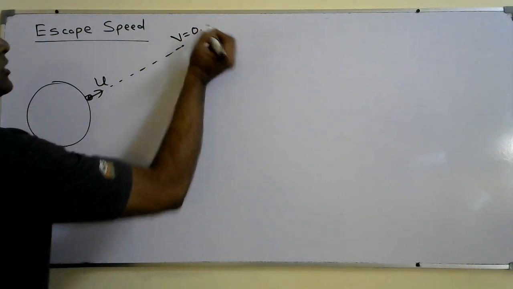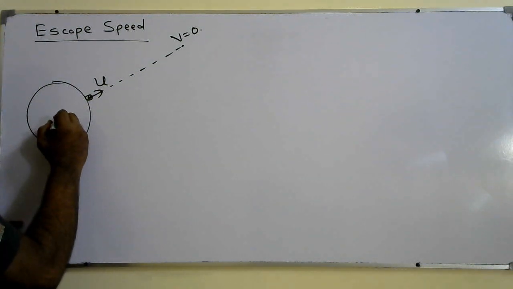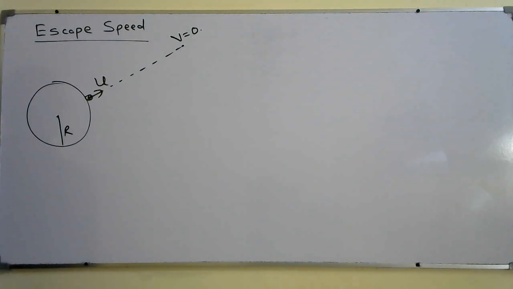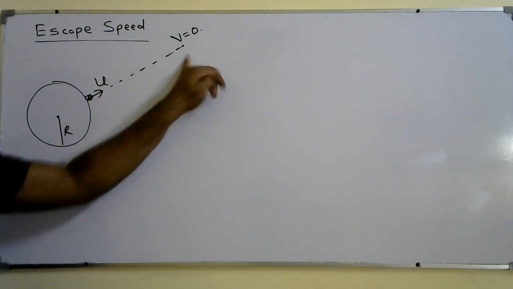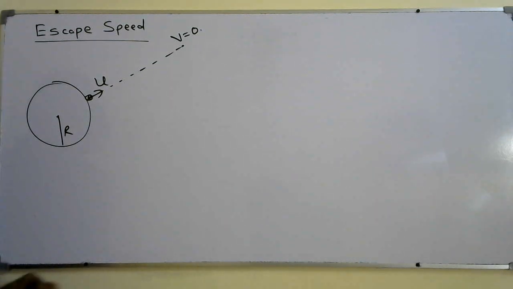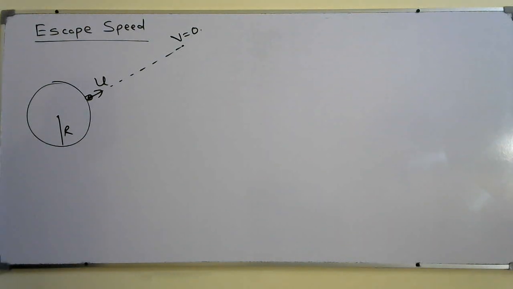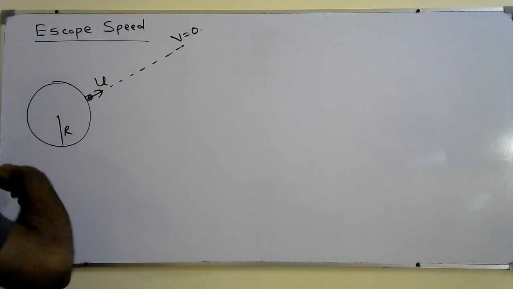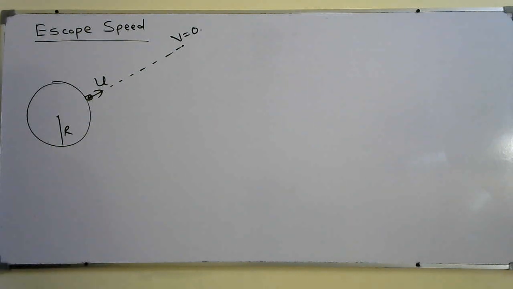When it moves from this point to this point, it's losing kinetic energy and gaining gravitational potential energy. So loss in kinetic energy is equal to gain in gravitational potential energy. At infinite distance, the gravitational potential energy is equal to 0 because GMm over r, with r infinity, is zero.